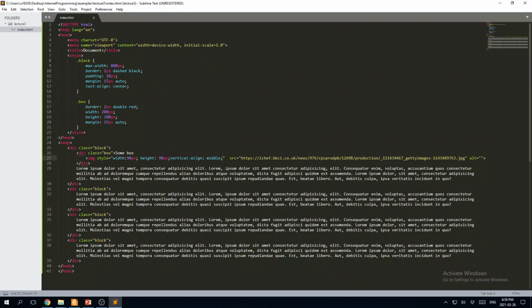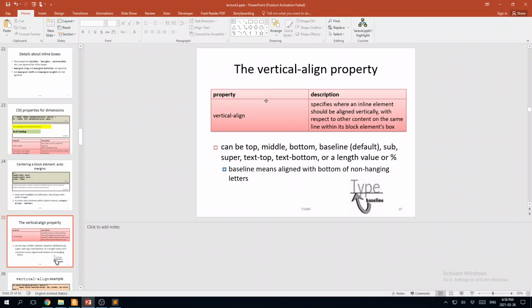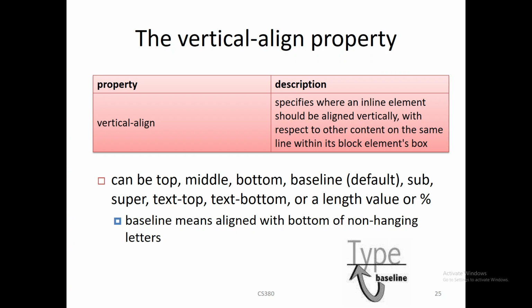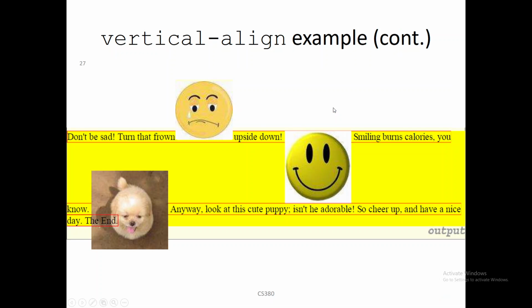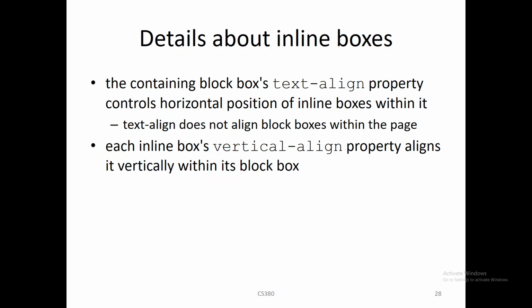So I can do that kind of trick with the vertical alignment of the element. Again, you can see it applies to inline elements. It doesn't apply to the actual blocks, so we're going to talk about how we can change the box's alignment.